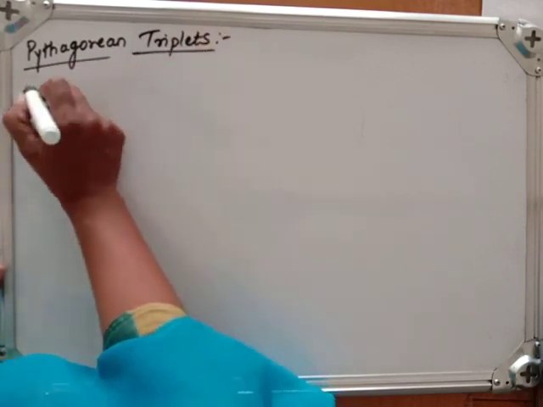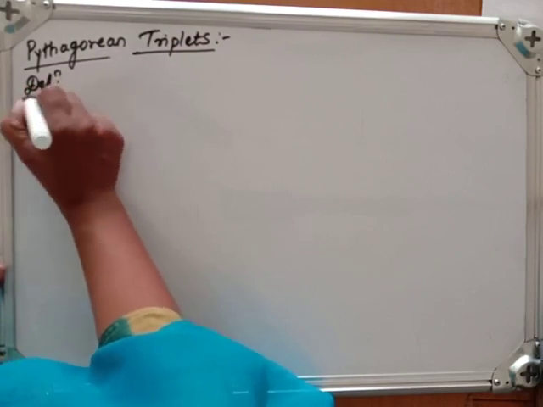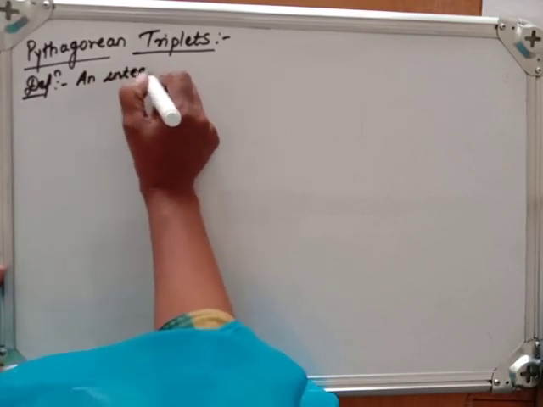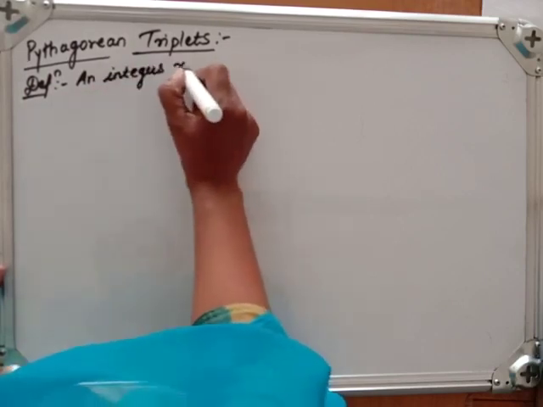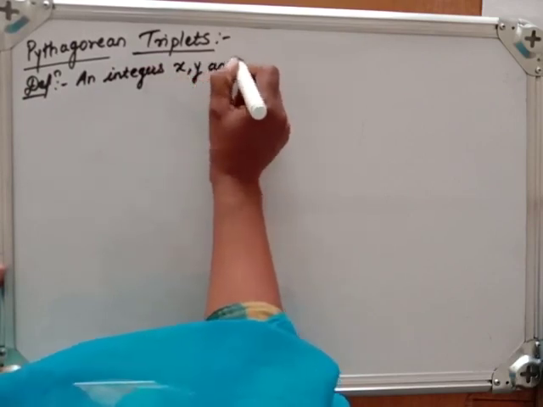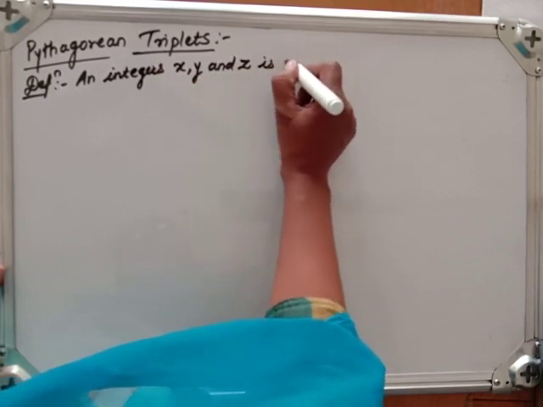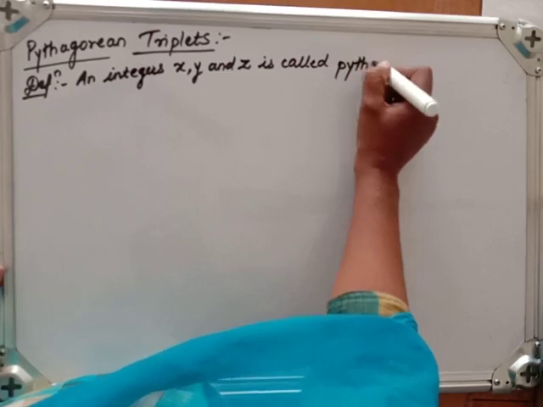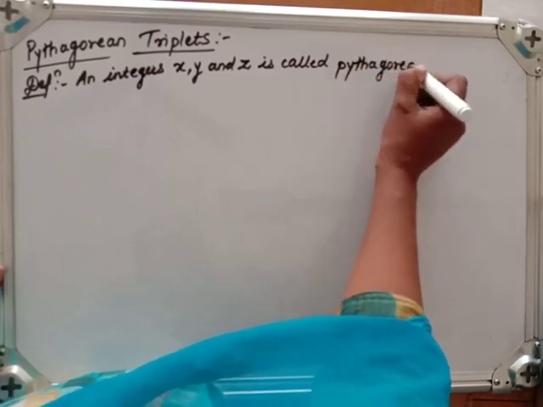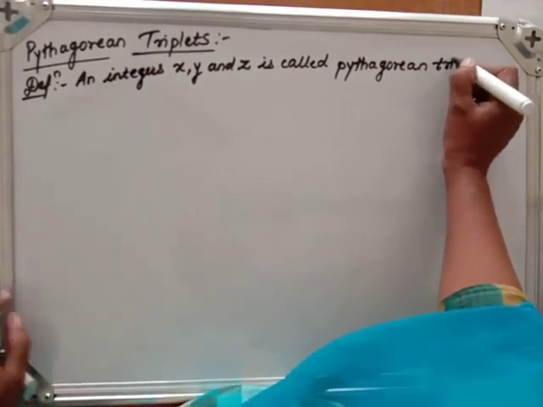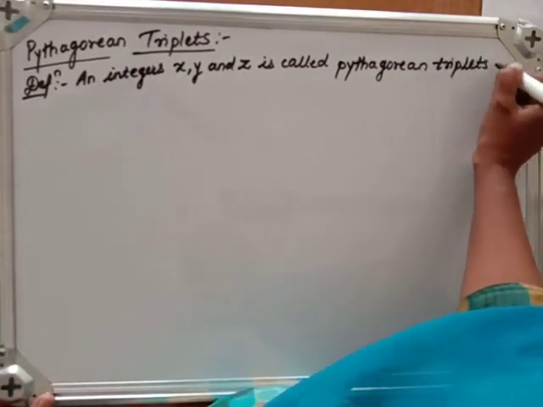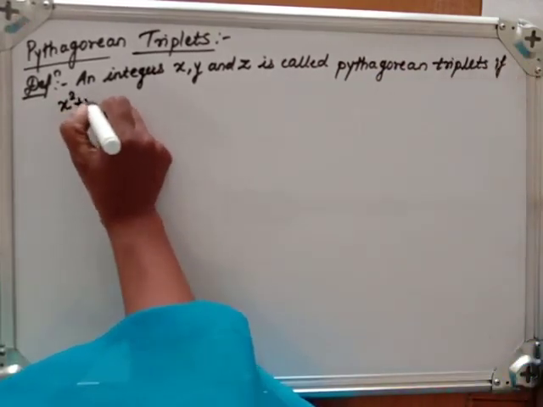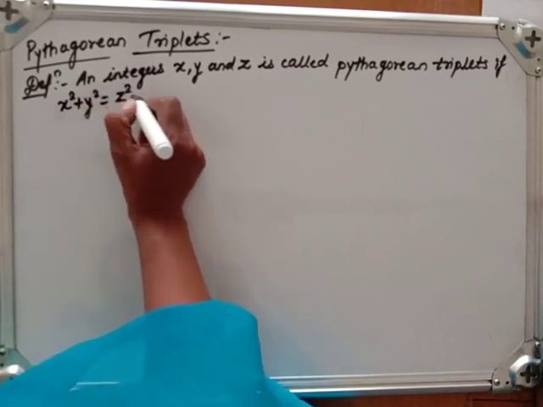Now the definition of this one, it says integers x, y and z is called Pythagorean triplet if x square plus y square is equal to z square.